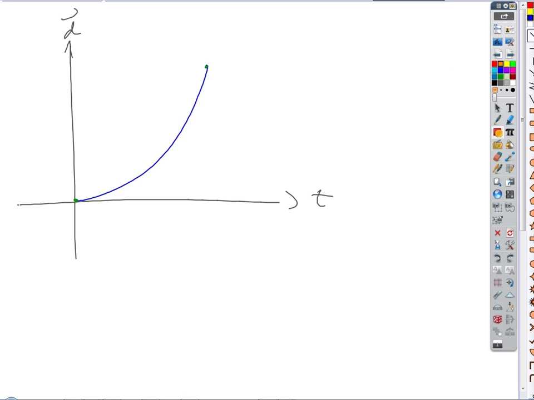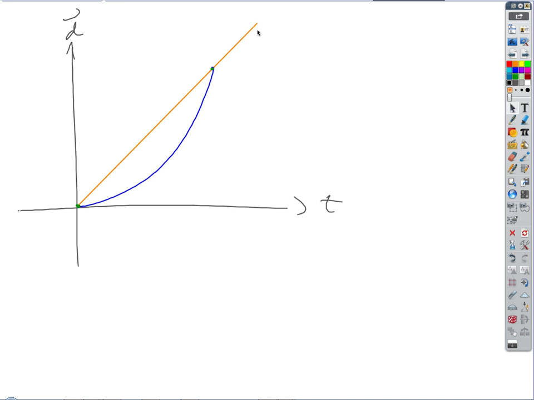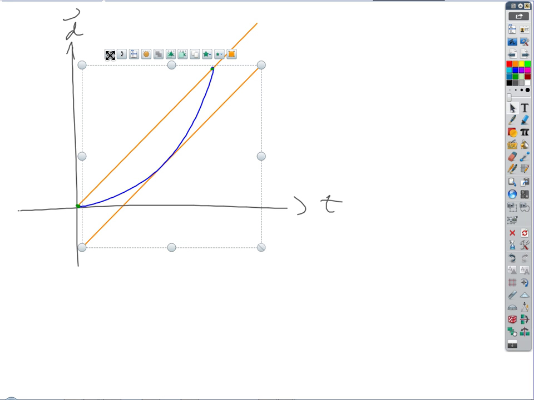Let's try that. There's the line that represents the average velocity, right? Well, isn't it right about there? That must be the point where the instantaneous velocity is equal to the average velocity, because they're parallel, right? Does that make sense? So the slopes would be the same.